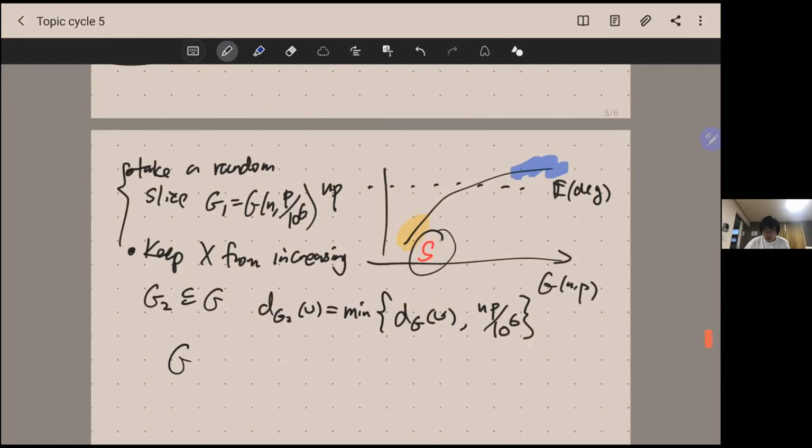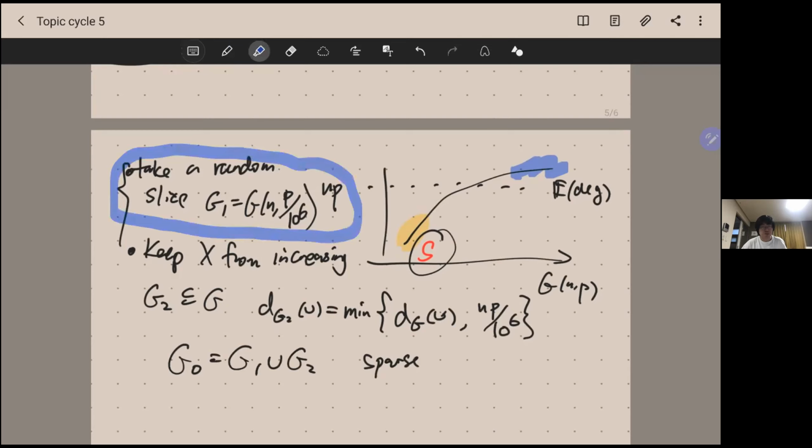So at the end, you take the union of these two. G0 itself is sparse, and it has all the pseudo-random properties because of the first random slice. You take a positive proportion of the edges, you have all the large set expansion property, upper uniformity. Just that the second deterministic part, G2, is to keep X from increasing, okay? Then you apply 414 on this G0, that's it.